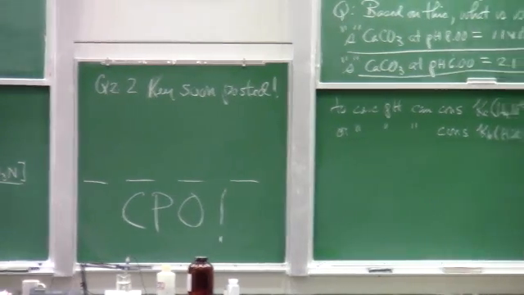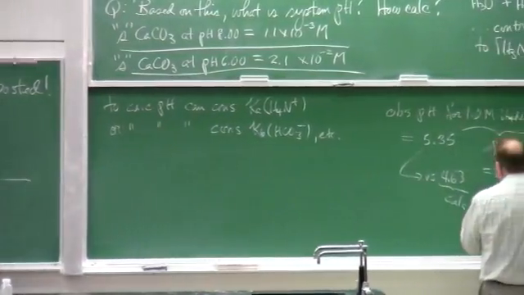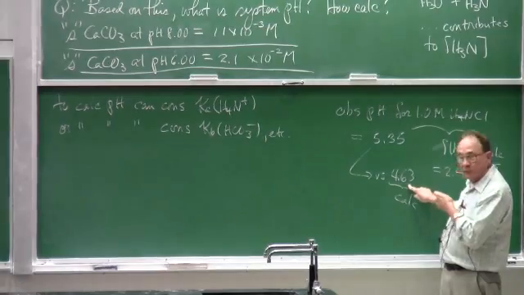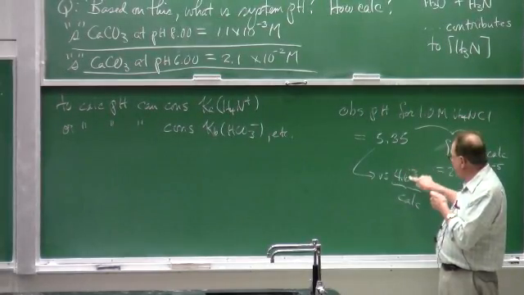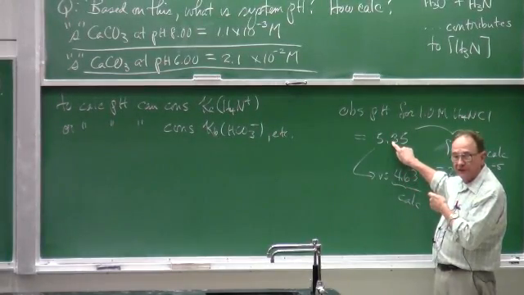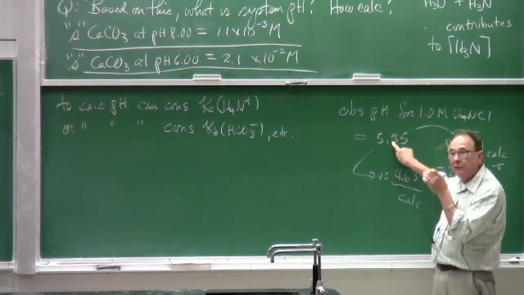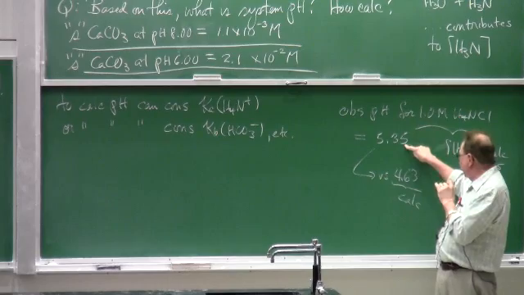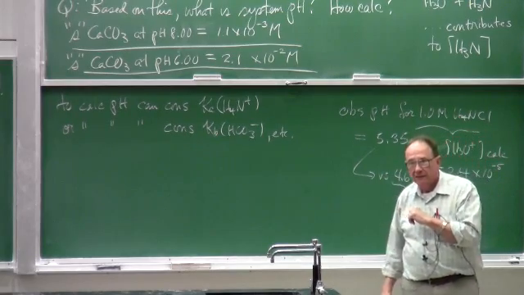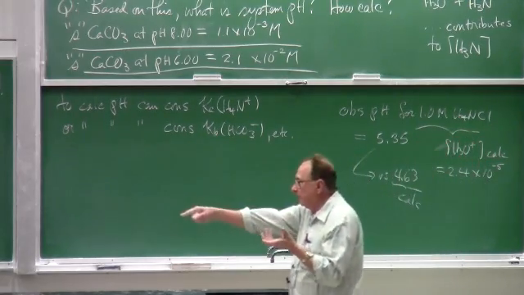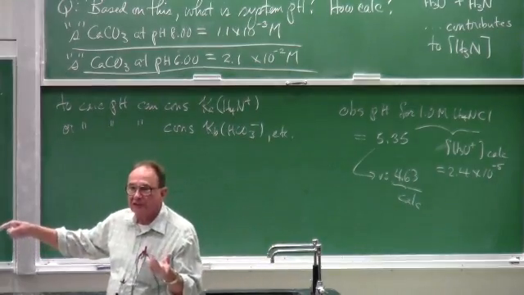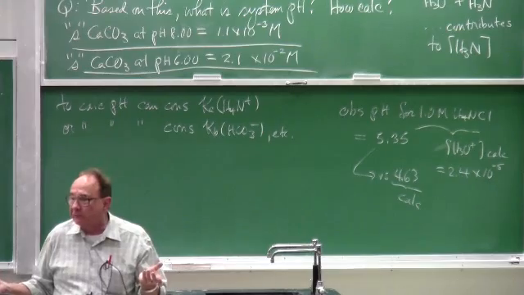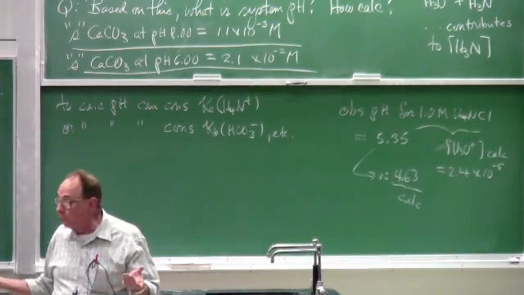Yeah, we could say, well, if I want to correct this pH, which I observe, to this pH, which is true, I've got to subtract this number from this number to see what the deviation is. Well, this subtracted from this is about 0.7, something like that? Well, that means when I prepare the ammonium chloride solution saturated with calcium carbonate, the pH which I observe, I might have to subtract 0.7 from to get the true pH.